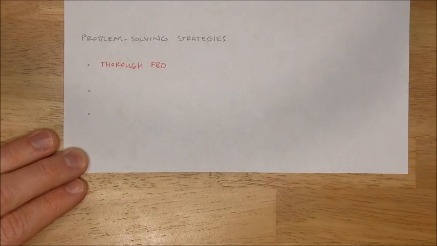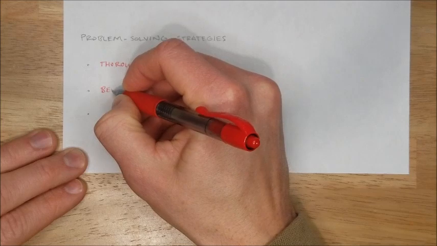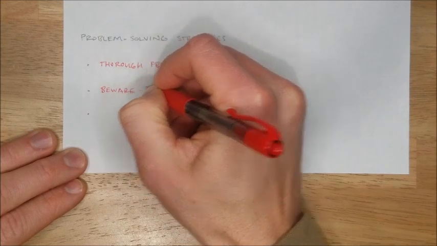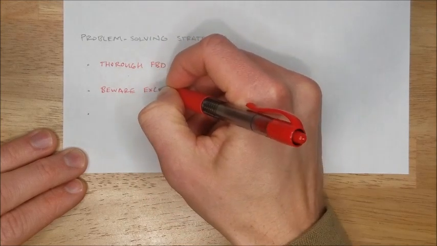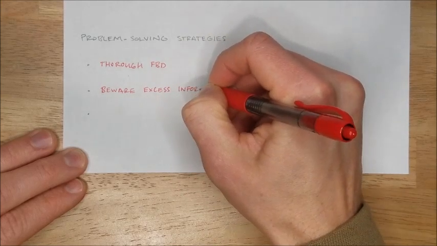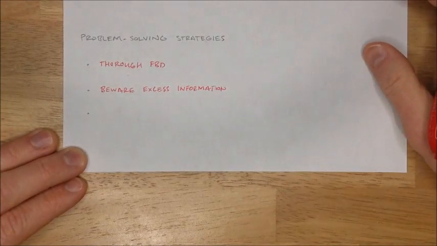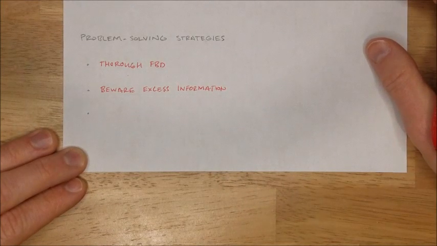The next thing is, because the authors of the exam expect you to be an expert, they're going to throw a bunch of excess information at you, and they want you to sift through what is and is not needed, figure out what you need and what you don't, and get to the equations quickly.